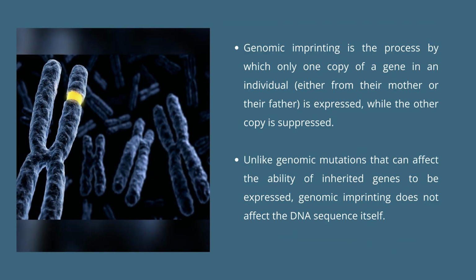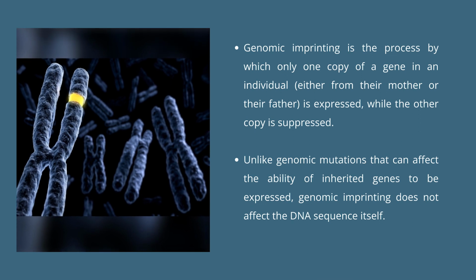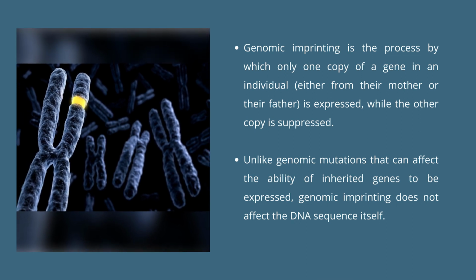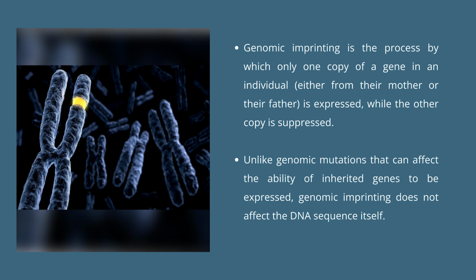Genomic imprinting is a process by which only one copy of a gene in an individual, either from their mother or father, is expressed while the other copy is suppressed. Unlike a genomic mutation that can affect the ability of inherited genes to be expressed, genomic imprinting does not affect the DNA sequence itself.